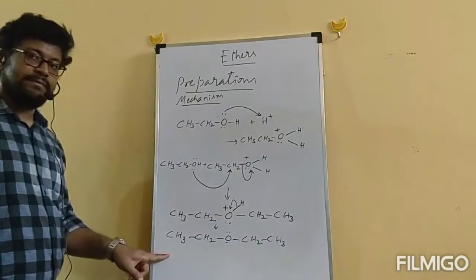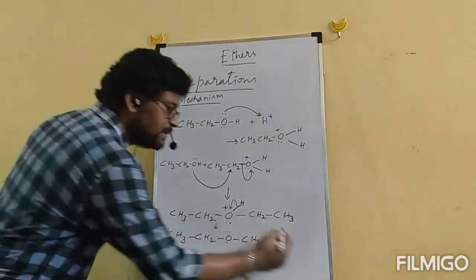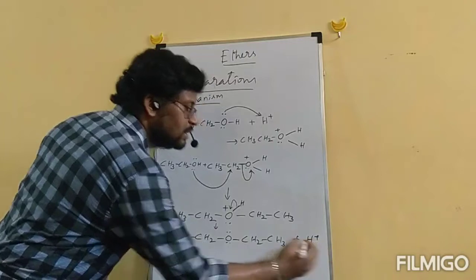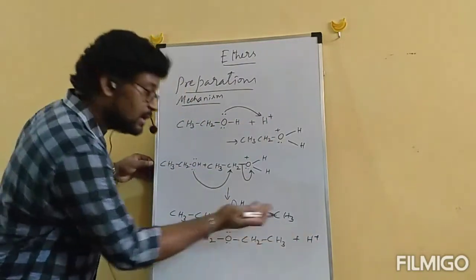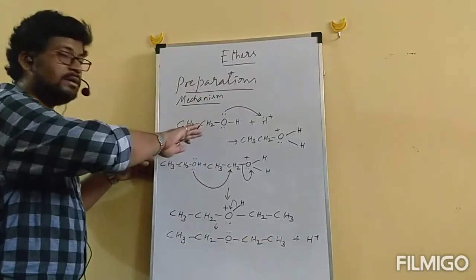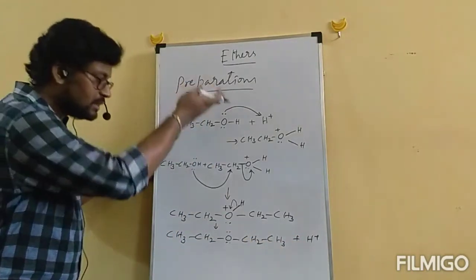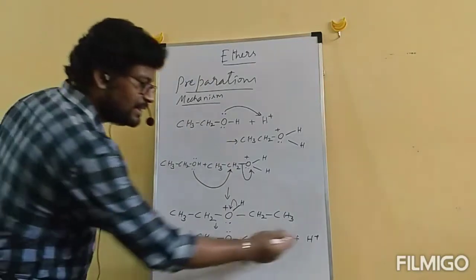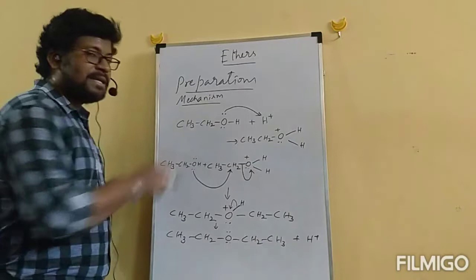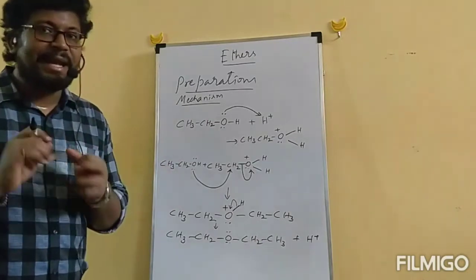This is ether. Plus H plus is removed. Initially we used this H plus and finally we got this H plus. Again this H plus is going to be reacted with one more mole. In the same way reaction is going to be continued and finally we will get ether with H plus. That's why H plus acid is acting like a catalyst.